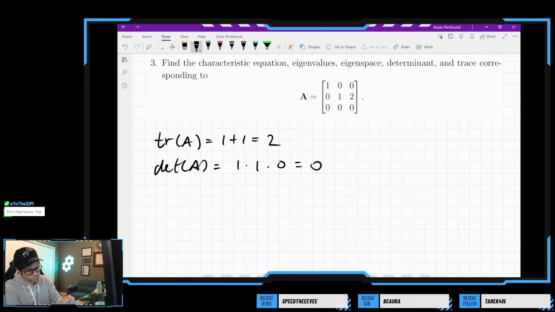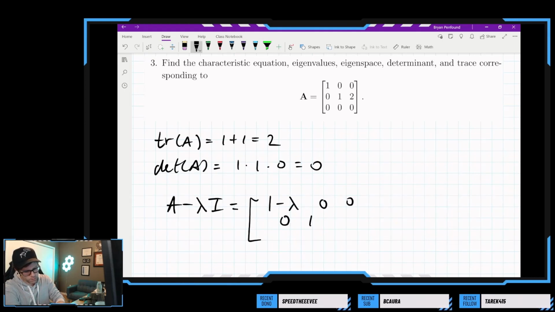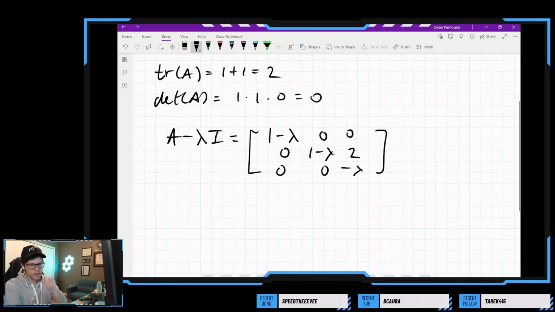Let's take A minus lambda I. So A minus lambda I is 1 minus lambda, 0, 0, 0, 1 minus lambda, 2, 0, 0, negative lambda. So we need to find the determinant of this and set it equal to 0.